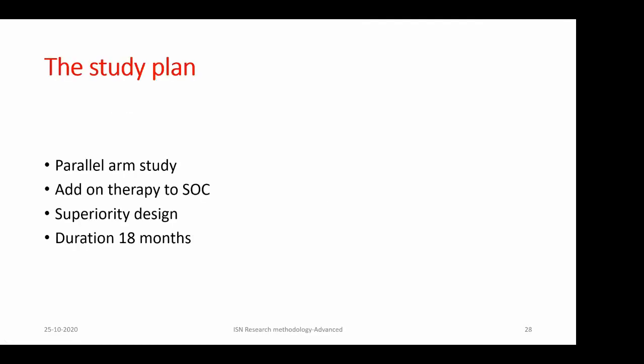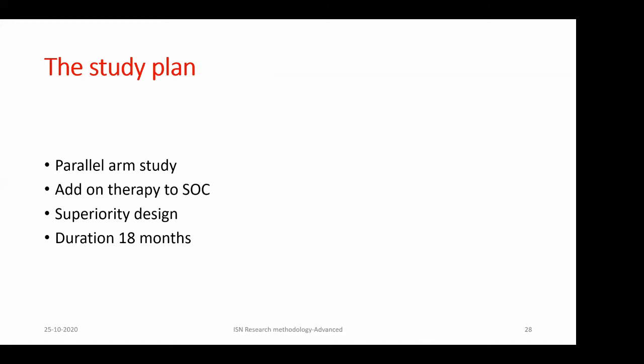So this is the final study plan. So what I just wanted to convey is there is no golden rule for planning a randomized control trial. So it can be done. The most important thing is your resources, and you have to design a study which is biologically plausible within the available resources. And another thing is you need to be an expert in designing the study, and you need to be a subject expert.